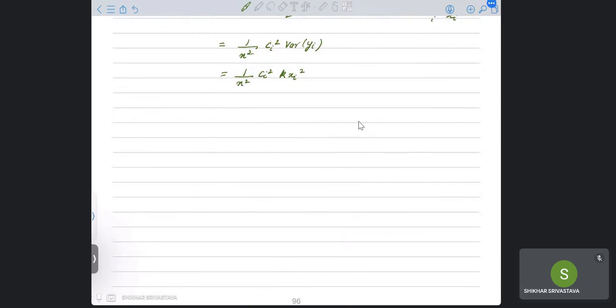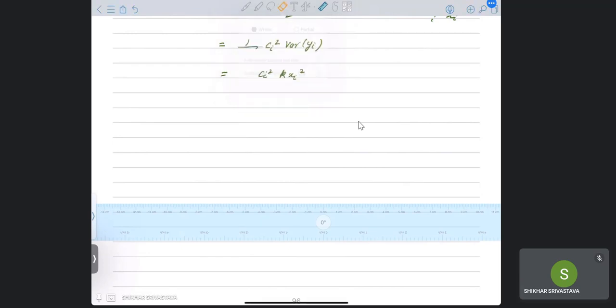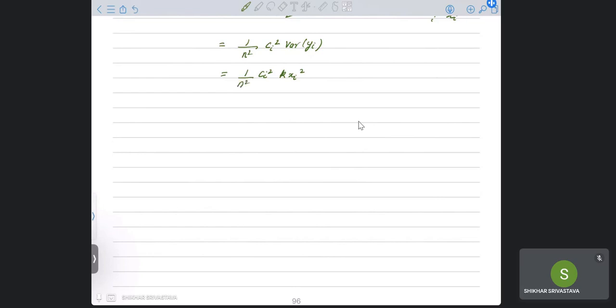I have to write this clearly so people do not get confused. It is 1 by n square. Now I will put back the value of ci. k is constant, so k can come out: k upon n square.